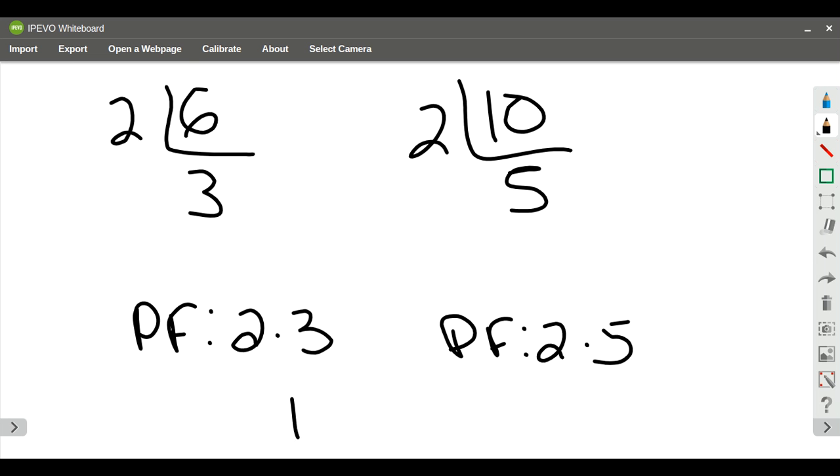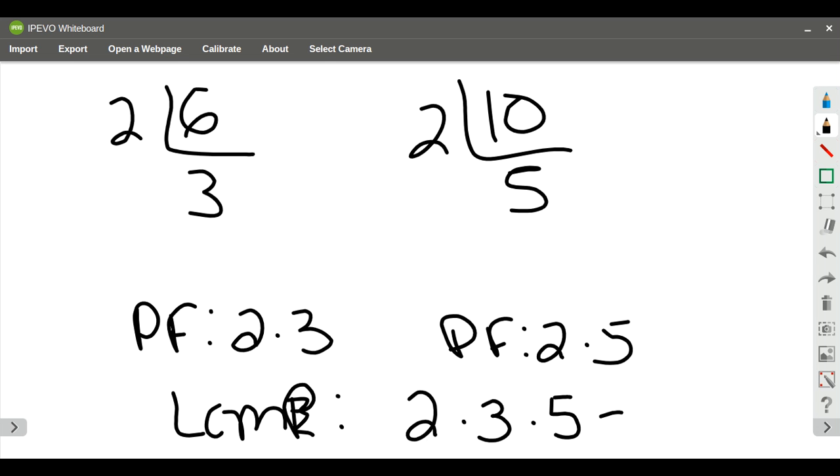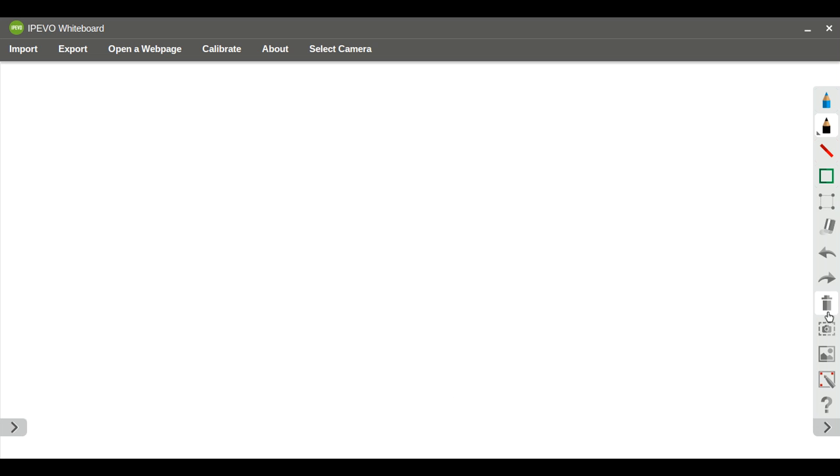I look for what is in common. So my LCM is going to be 2 times 3 times 5, which is going to be equal to 30. Again, don't just leave it with prime factorization. Actually write out what the value is. So actually multiply to tell me what the least common multiple is.